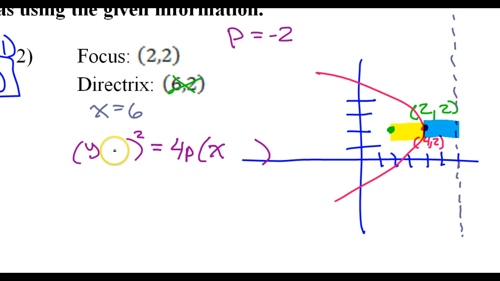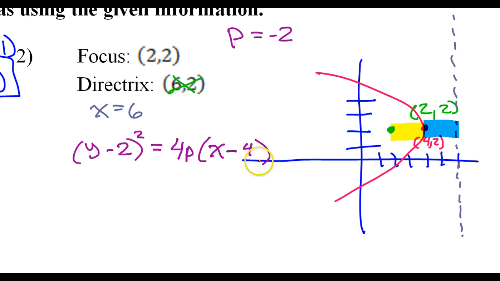Time for the vertex. Remember the vertex is this 4, 2. But be careful. I'm not going to put y minus 4 right here because 2 is the y value. So I'm going to put y minus 2. The 4 is the x value, so it goes with the x. So I'll put x minus 4 in there.